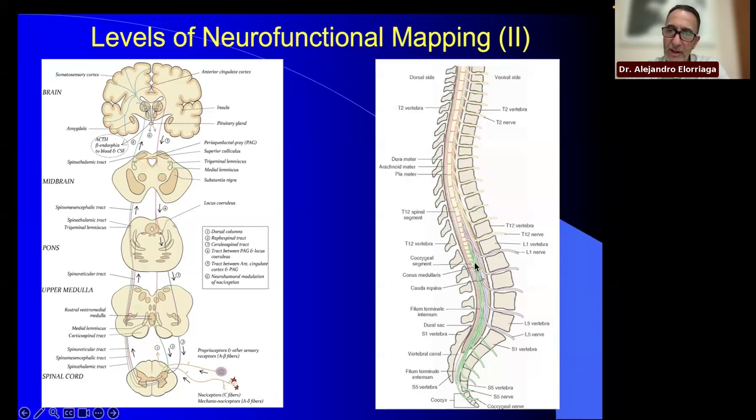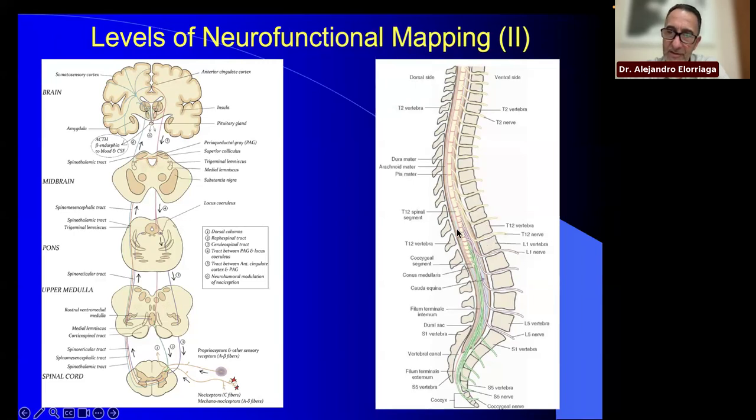So the spinal cord ends up at L2. Therefore, there is no spinal cord at L3, L4, L5, S1, which means that those 30 something segments that I mentioned before need to be formed and to give birth or origin to all the spinal nerves, which means that near the end of the spinal cord, so in the area of T10, L2, there are more segments than in any other area.